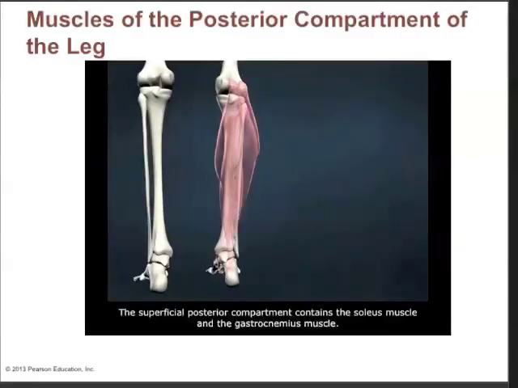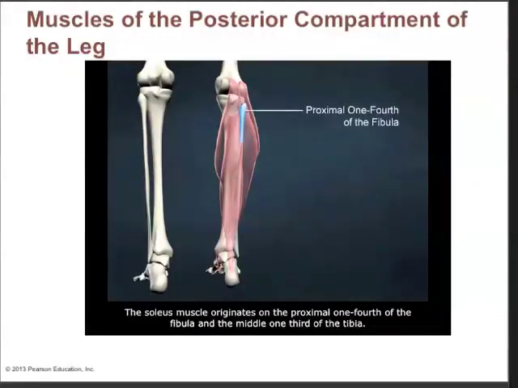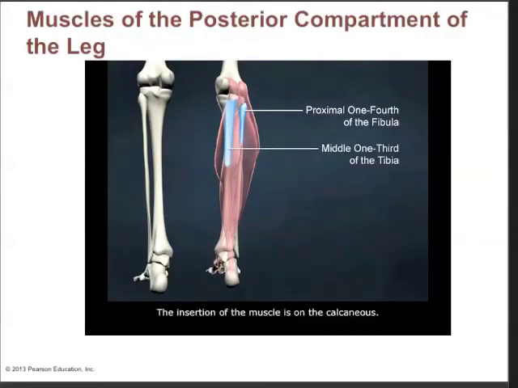The superficial posterior compartment contains the soleus muscle and the gastrocnemius muscle. The soleus muscle originates on the proximal 1/4 of the fibula and the middle 1/3 of the tibia. The insertion of the muscle is on the calcaneus.